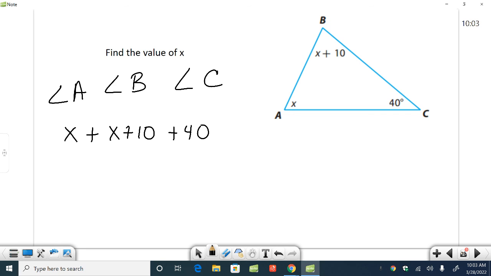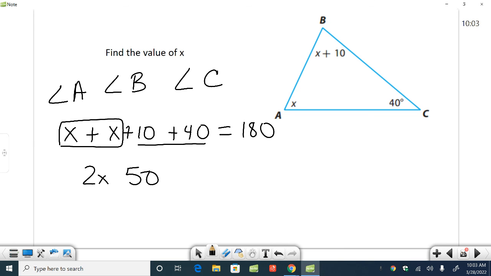Yeah, the whole thing inside has to equal 180 degrees because it's a triangle. Could you solve this with the things that look alike? There's one x plus another x, that's 2x. 40 plus 10 is 50.